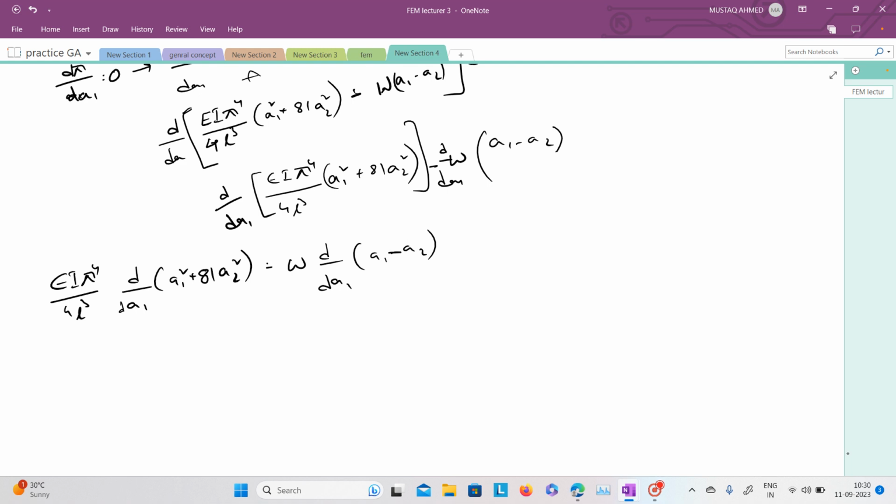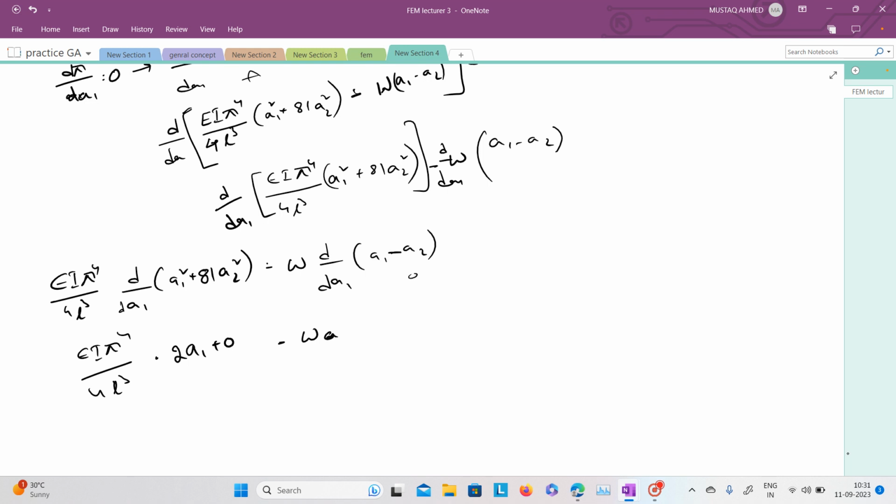Here also EI pi power 4 by 4L cube into the derivative of A1 square, which will be 2A1, plus 0, minus W. That's it, right?